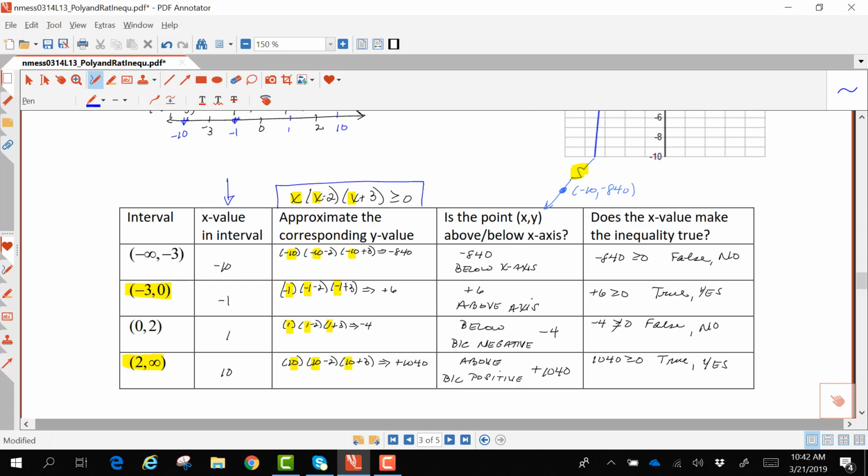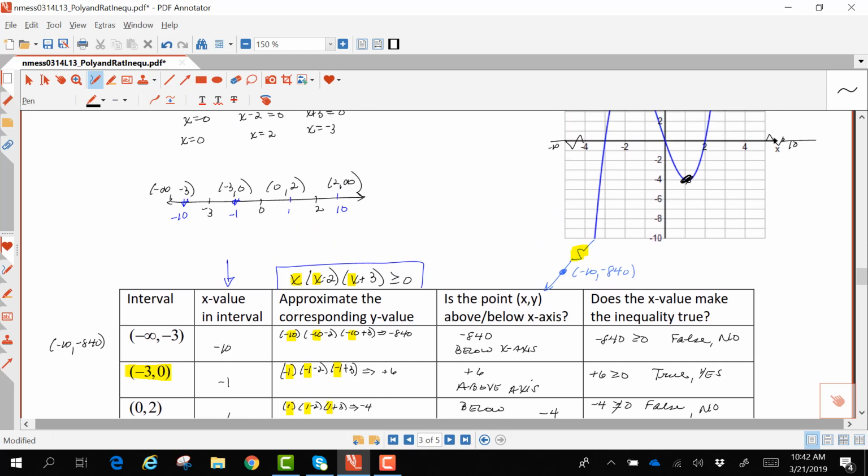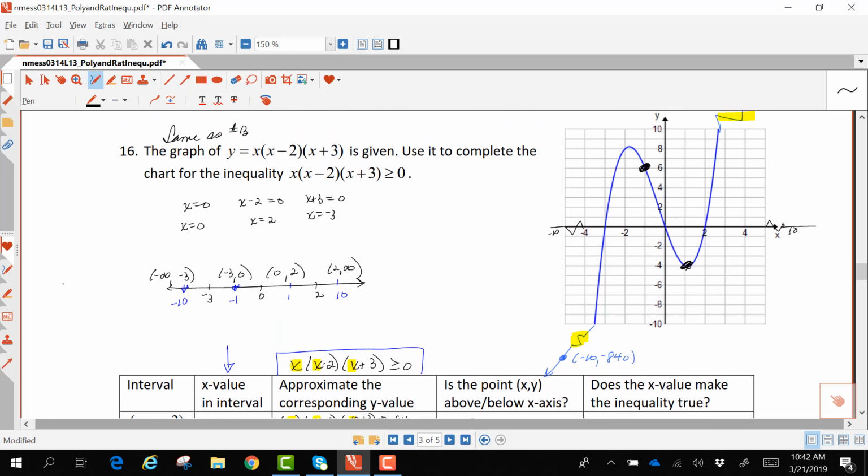Now I would take each of those x values and plug them into my inequality, getting the results as you see in column 2. Column 3 says, is this point above or below the x-axis? Let me write the point. In row 1, the point is an x value of -10 and a y value of -840.